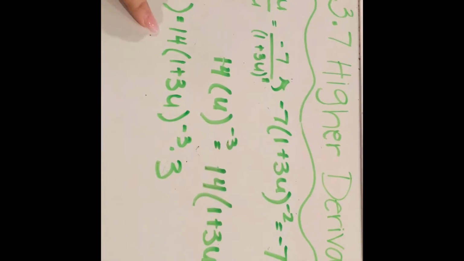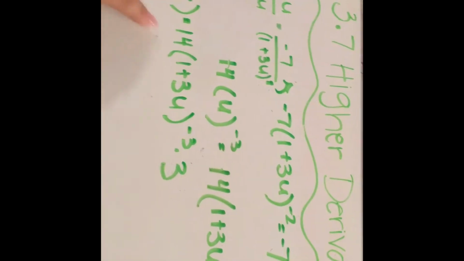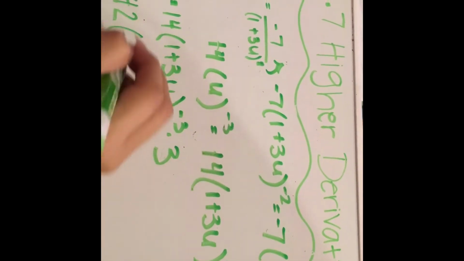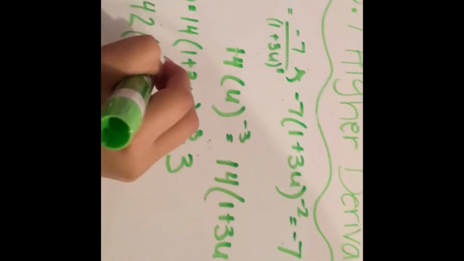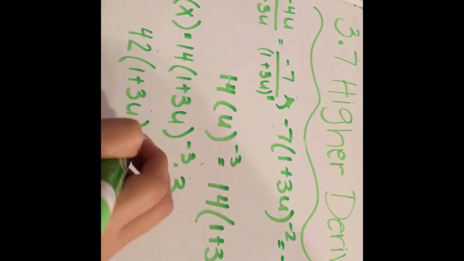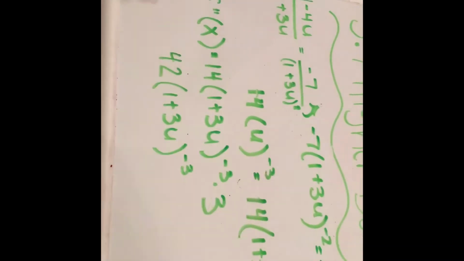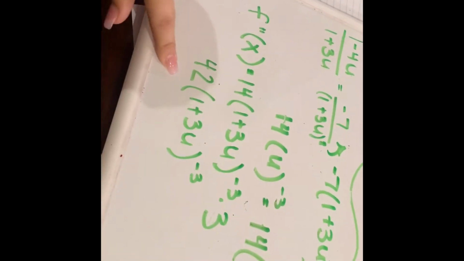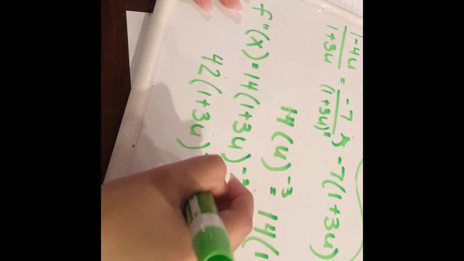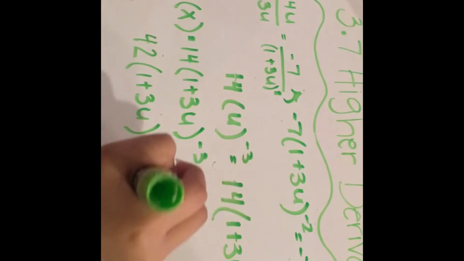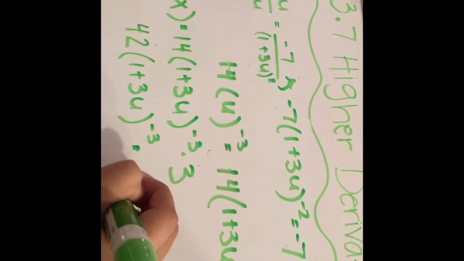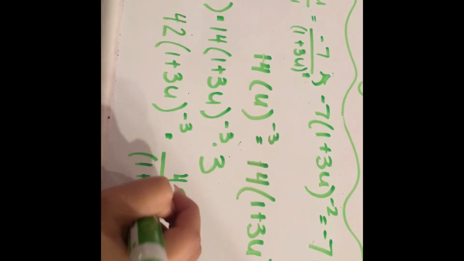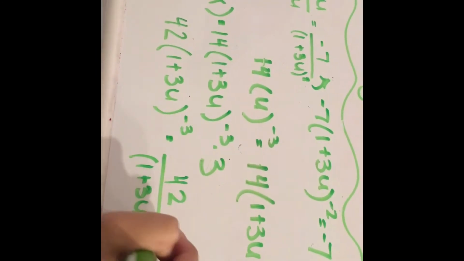Okay, so we can combine these two to make 42 times 1 plus 3u to the -3. We don't want this negative, so we could easily just move it to the bottom, which will get us 42 over 1 plus 3u to the third.